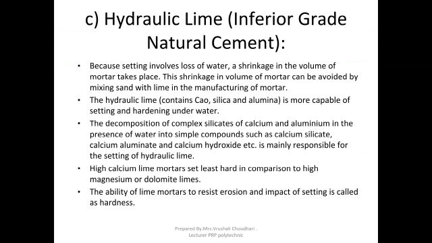It is avoided by adding sand to the lime in the manufacturing of mortar. High calcium lime mortar sets least hard in comparison with high magnesium or dolomitic lime. The ability of lime mortar to resist erosion and impact of setting is called hardness.